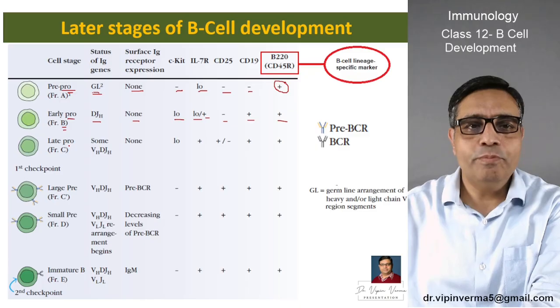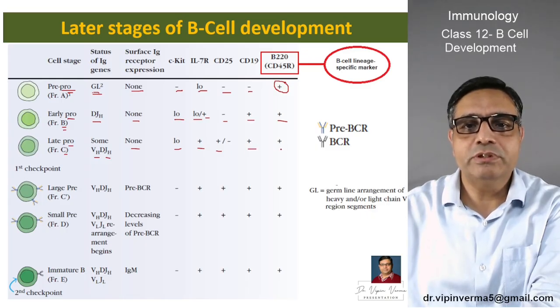In the late pro-B stage, or the C stage, there is V heavy D J heavy chain expression, and surface Ig receptor expression is none. c-KIT is low, IL-7R is positive, CD25 is positive or negative, CD19 is positive, and B220 CD45R is positive.